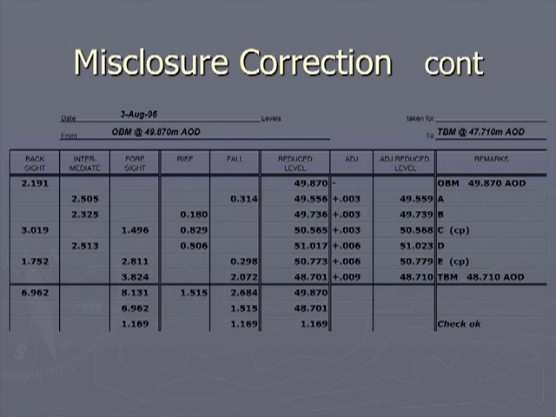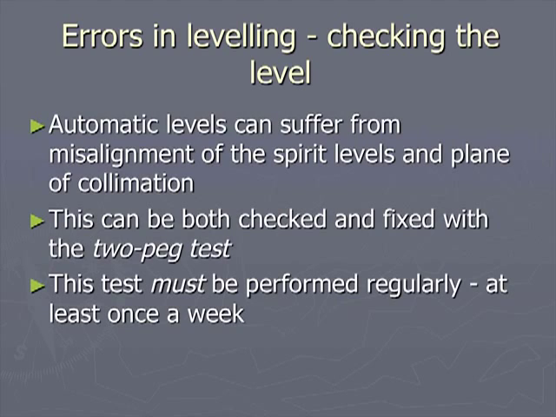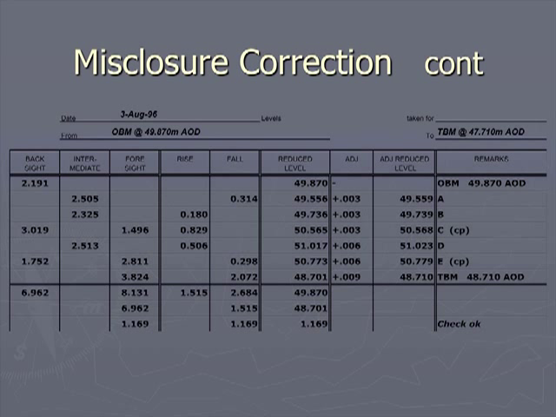So we might have 3, 3, 2 and 1, or another kind of arrangement. We don't really do corrections of less than a millimeter. If the misclosure is not divided cleanly by the number of positions, we still don't adjust by less than a millimeter.